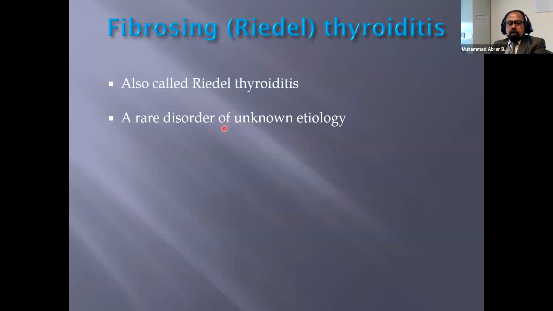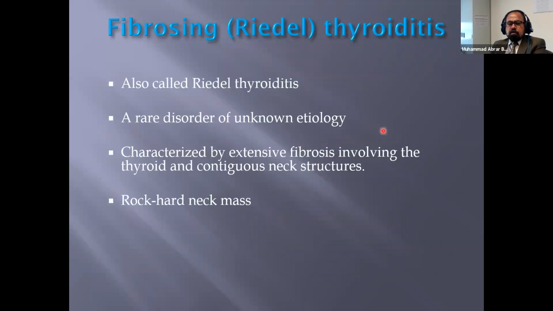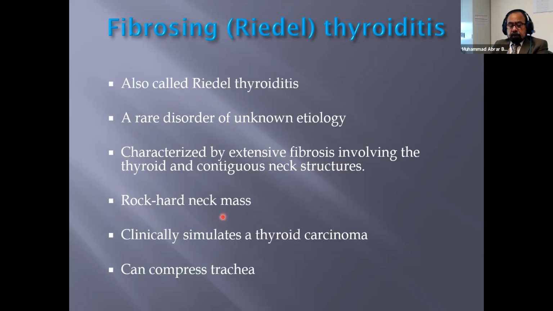The last one is fibrosing Riedel thyroiditis, also called Riedel thyroiditis. These are rare disorders of unknown etiology. The important thing is extensive fibrosis involving the thyroid and contiguous structures. The fibrous tissue proliferates so much that it involves the surrounding structures. They are rock-hard neck masses.